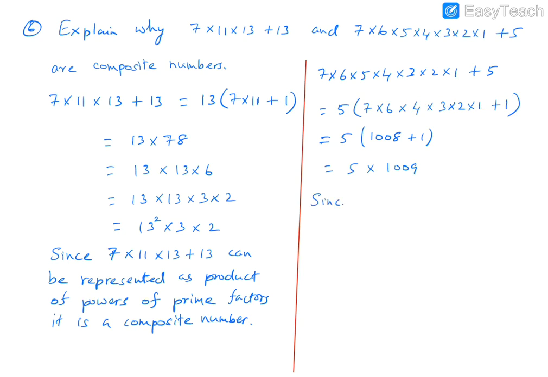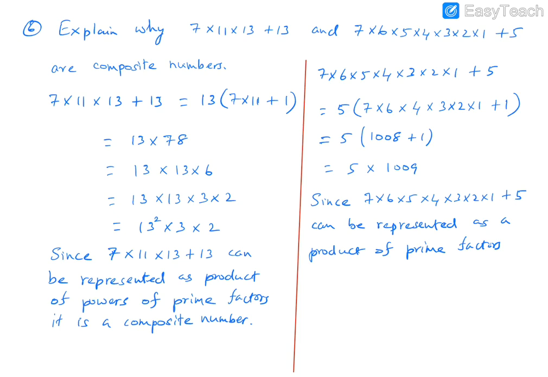Again, we'll write the reason: since 7 into 6 into 5 into 4 into 3 into 2 into 1 plus 5 can be represented as a product of prime factors, it is a composite number.